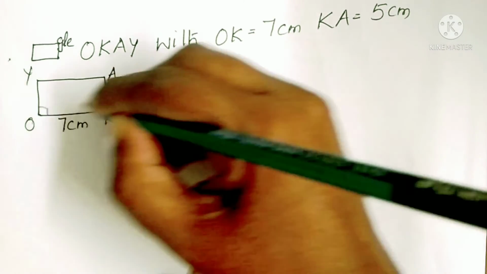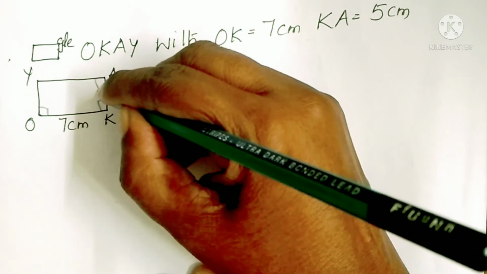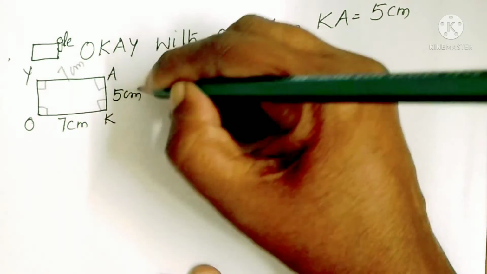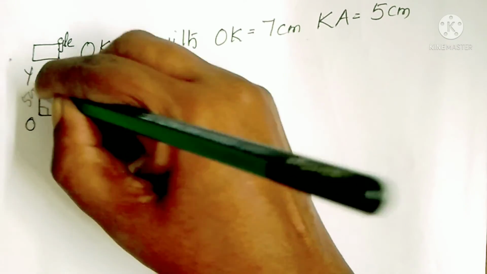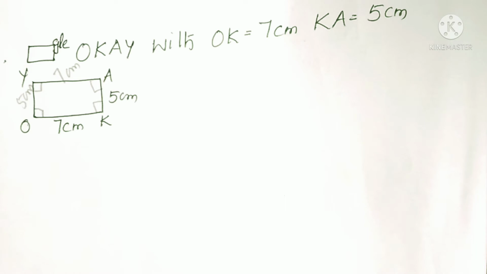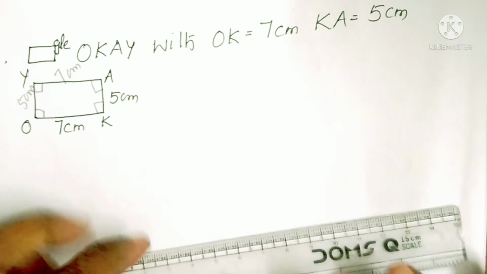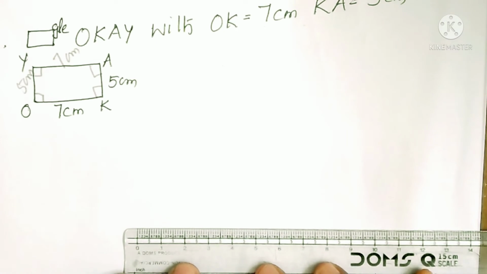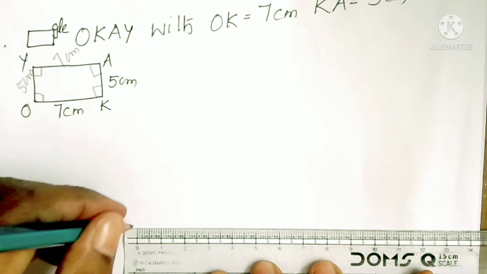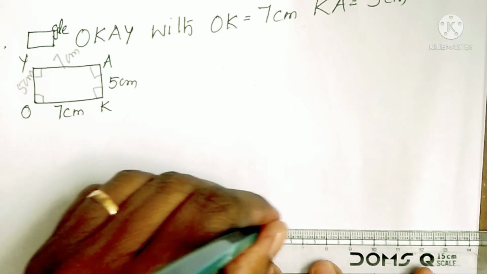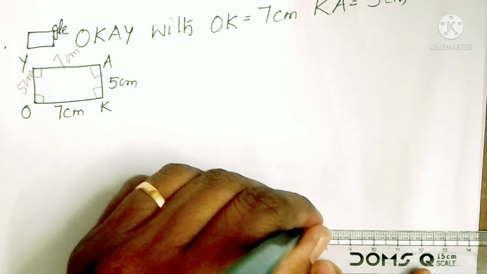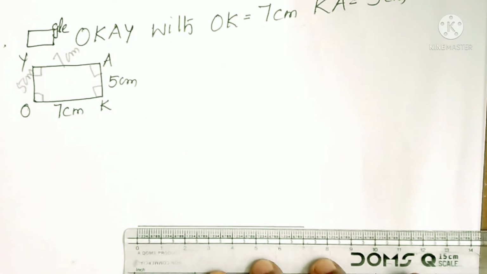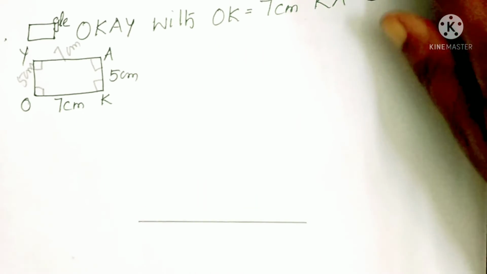So, first we can mark 90 degree here. Opposite sides are equal. So, just like what we did just now, in the same way we can construct here, only with the difference of angle. So, what is the first step? Draw a line segment of 7 centimeter.